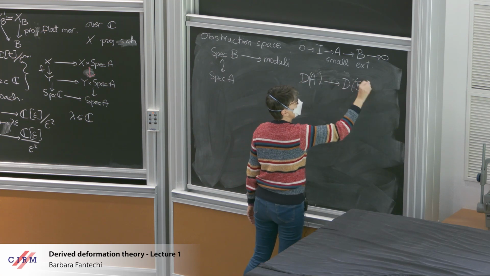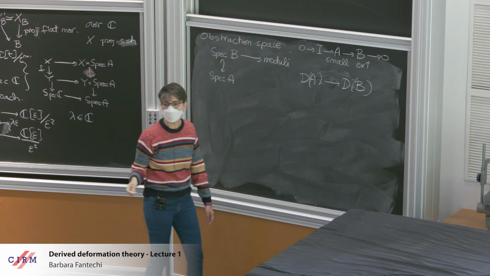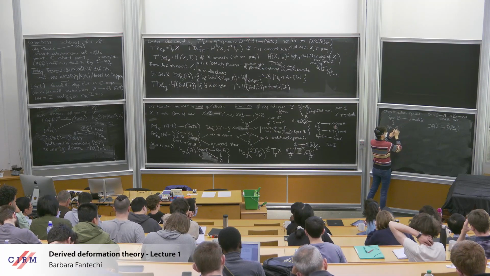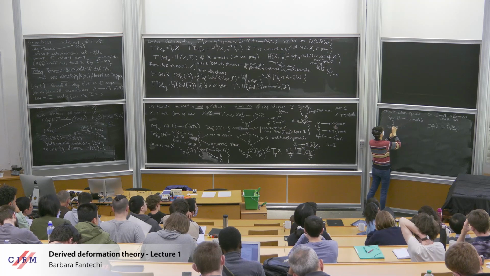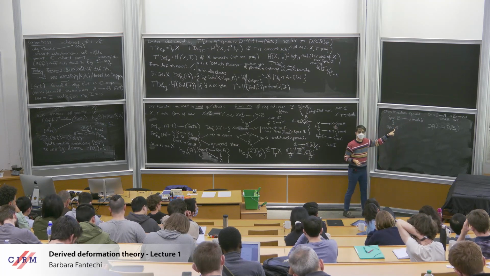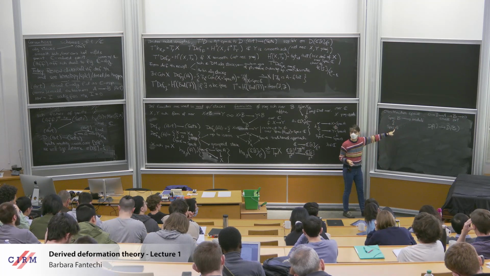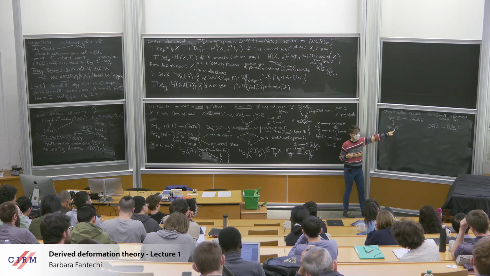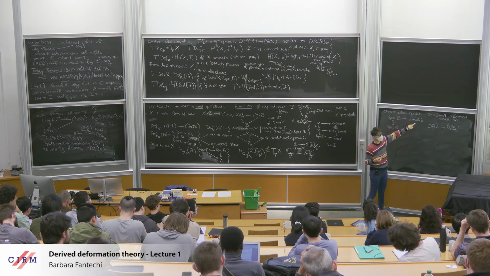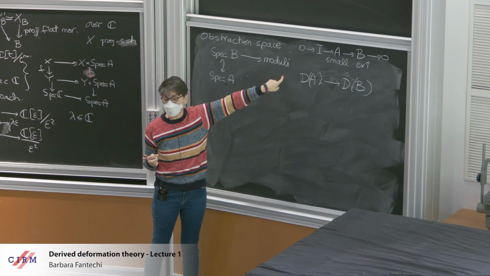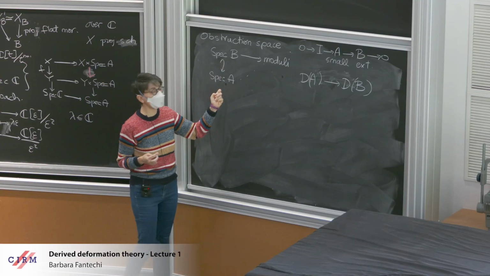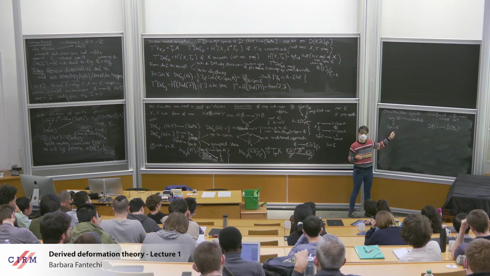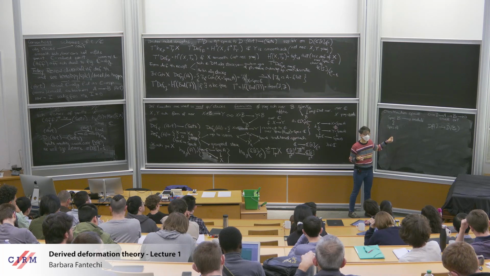Of course, this is a functor, so it goes like this. This map is given by the fact that if you have a map from spec A to the moduli, restriction induces a map from spec B to the moduli. And now we can ask the opposite question. Given a morphism from spec B to the moduli, does it have an extension to spec A? And if so, how unique is this extension?